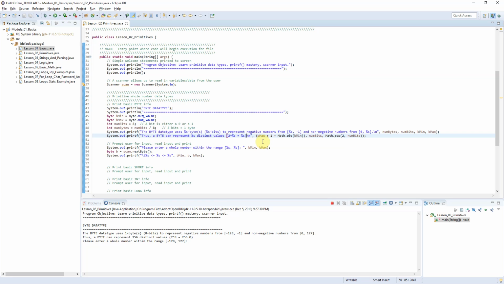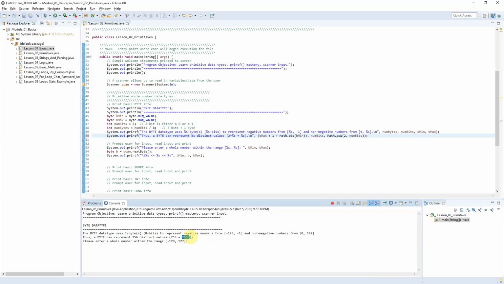I'll go ahead and put a period here since I added one up here. Now the other thing I'm going to do is I don't particularly like the fact that there's a 0.0 on here. 2 to the some whole number, a power raise, is always going to be a whole number for us. We're always going to do like 2 to the 8 or 2 to the 16 or something like that.